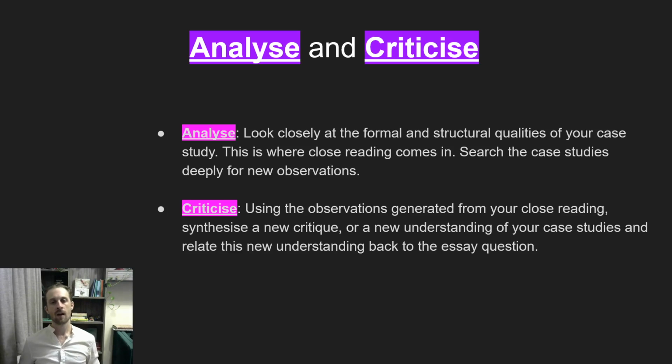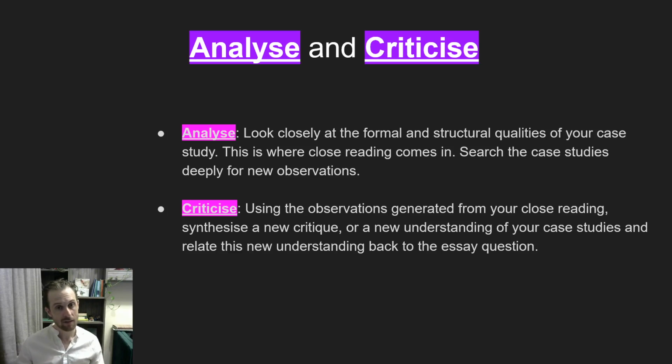In the analysis phase, you want to look very, very closely at something, making observations of the formal structure. If it's an artwork, its compositional features, its historical features, its biographical features: who made it, when was it made, and so on. Analysis is making observations and searching for new detail. So it can be quite descriptive.